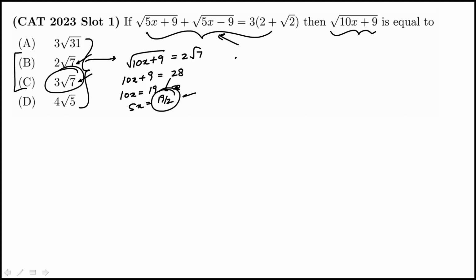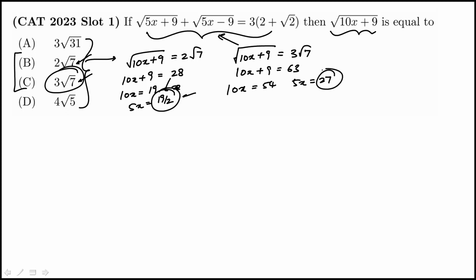But in general, these types of questions, everything does work out to be nice. And by that I mean integers and nice numbers. So again, I square this. This becomes 63. 10x is equal to 54. 5x is 27. So this is looking promising.